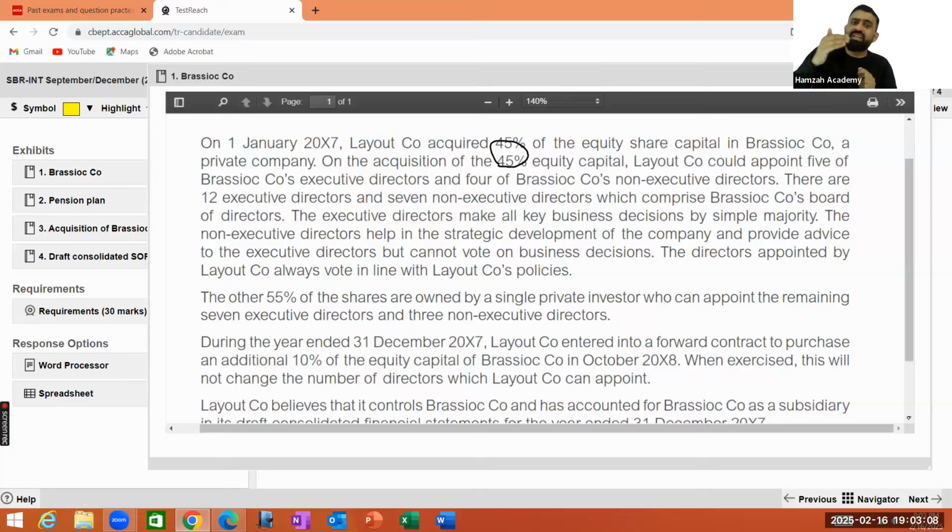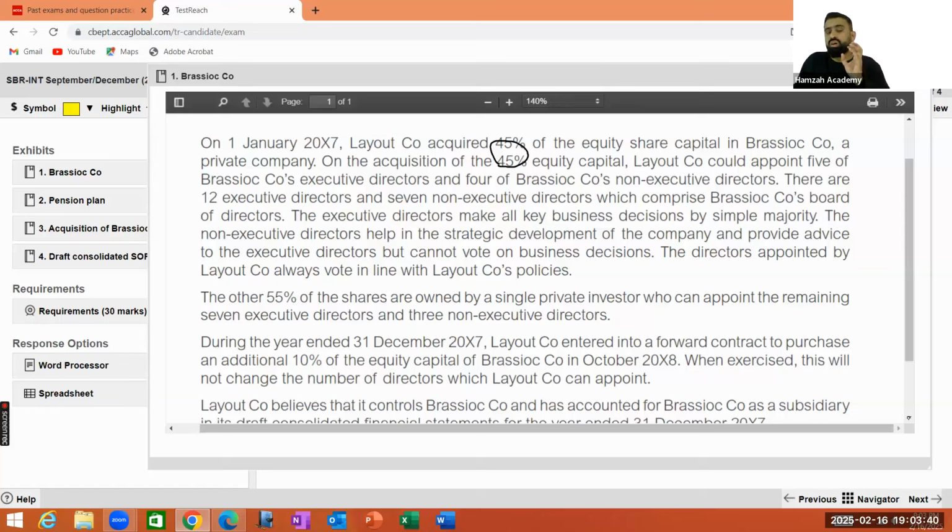If you acquire the further 10%, that means we're talking about the future. That 10% is basically an issue of the future, a future factor. But at the year end, you have 45%, and at this year end, you do not have control over that subsidiary.